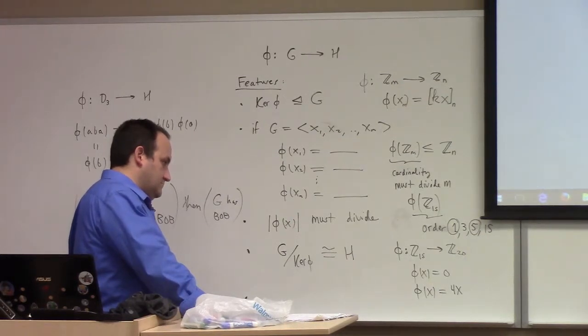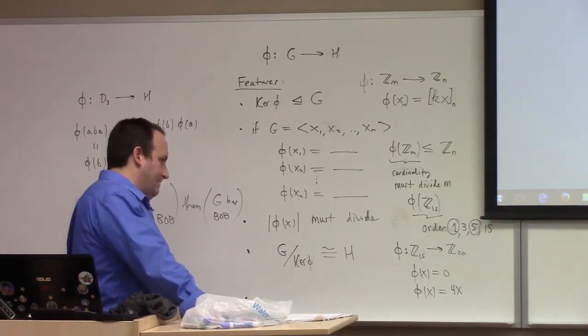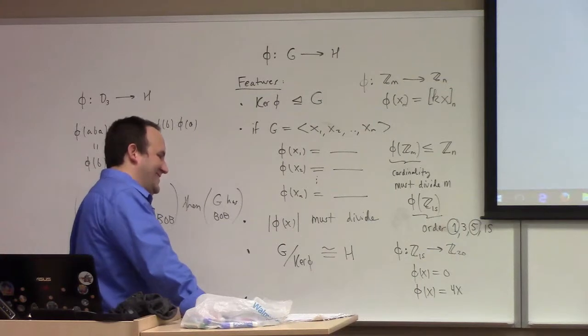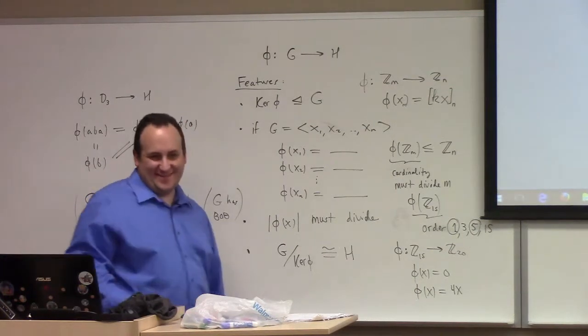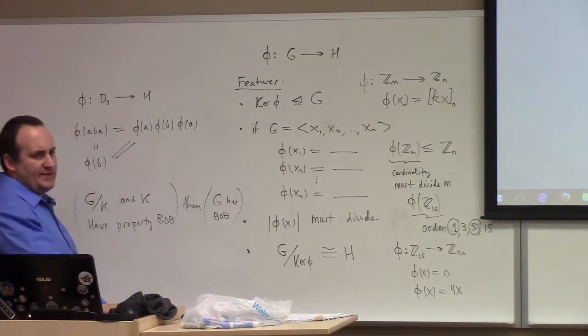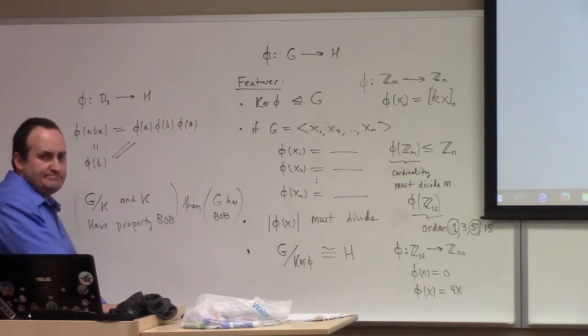So there's the trivial map, and you can map to each of the four elements of order 5. How did you get 4? Oh, 20 divided by 5. Okay, very good. We worked that out in general in that homework problem, and we even enumerated how many such maps there were given the condition.